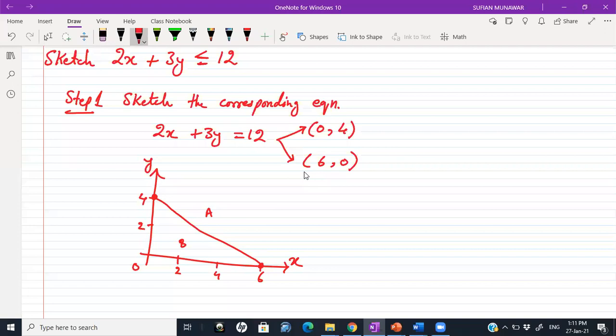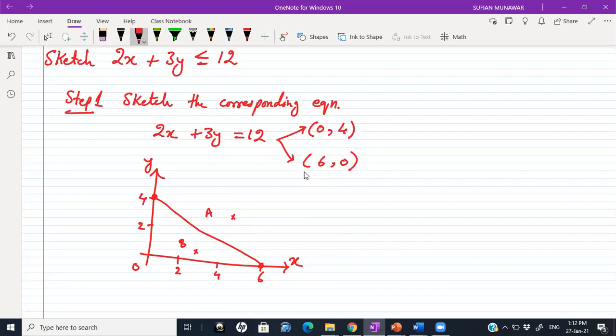Means the area that represents this inequality will be either above the line or below the line. Now we need to take a test point. You can take any point above the line or below the line, it's up to you. You have to choose one test point on either side.